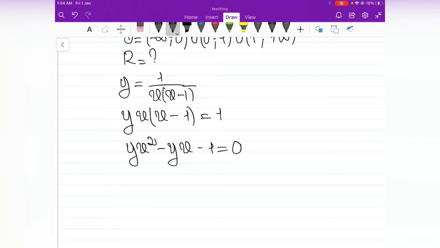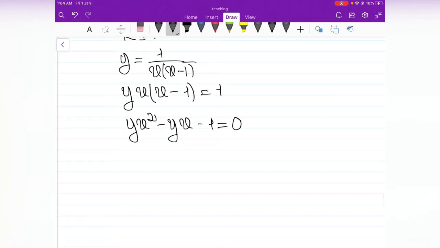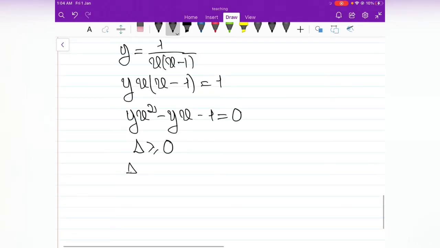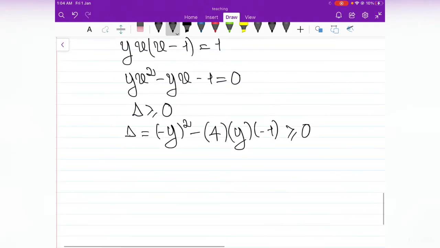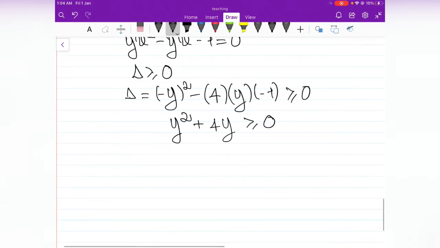This is a quadratic. So the range is any set of values that make our delta bigger or equal to 0. So let's find delta: minus y, squared, minus 4 times y times minus 1, bigger than or equal to 0. In this case we get y squared plus 4y is bigger than or equal to 0.